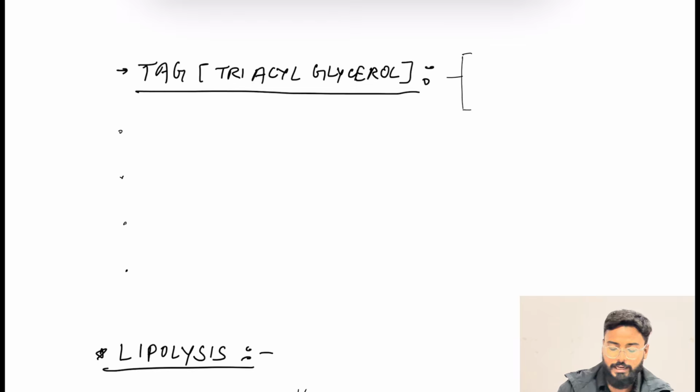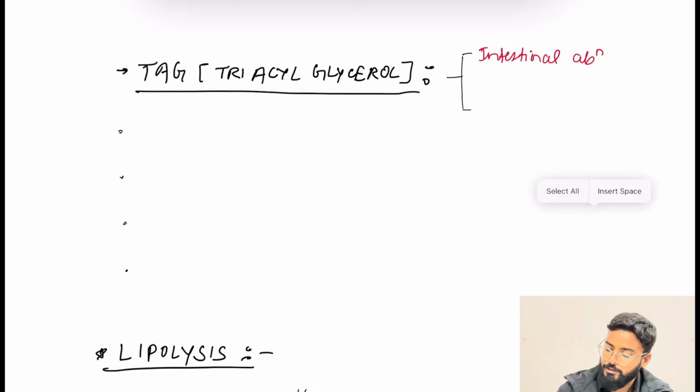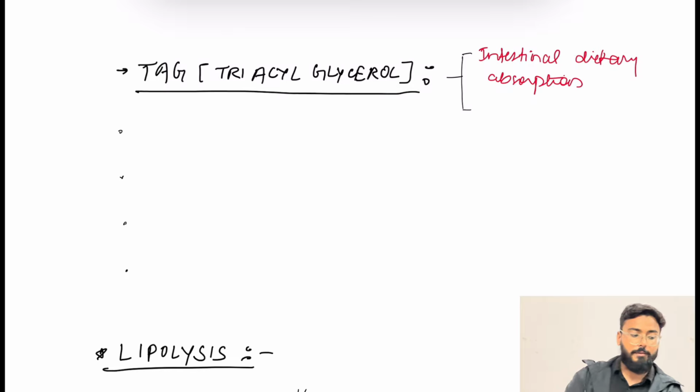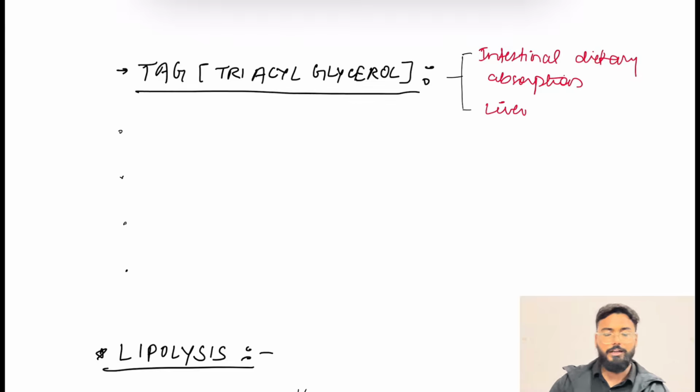It can come from intestinal dietary absorption, and another source is the liver, through the process of lipogenesis, where fatty acid and glycerol combine in order to form triacylglycerol.